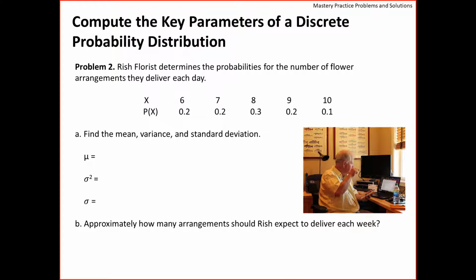I'm going to enter 6, 7, 8, 9, 10. Check that I did that correctly. I did. I'm going to go to list 2 now and enter the probabilities 0.2, 0.2, 0.3, 0.2, 0.1. I'm going to check that out: 2, 2, 3, 2, 1.